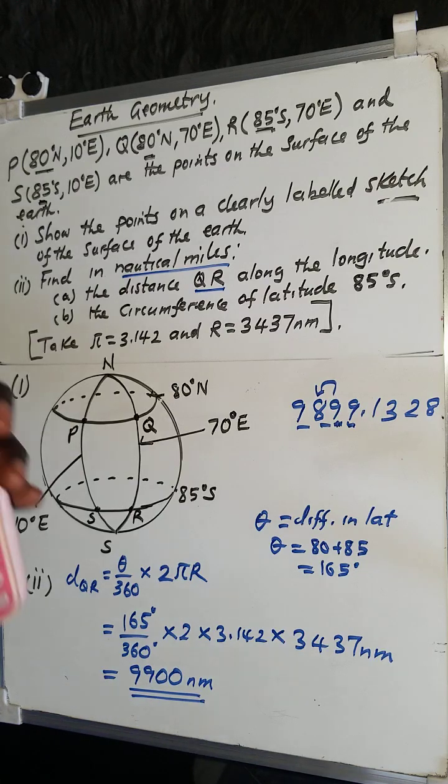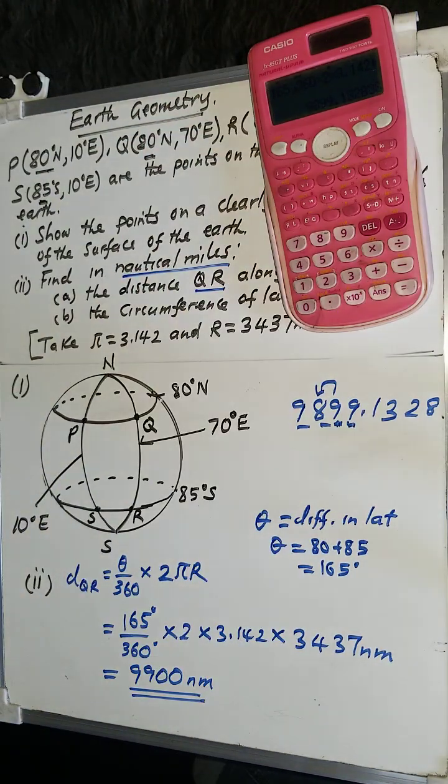nautical miles. Now remember, I told you that when you're calculating distance in nautical miles, as long as it is distance in nautical miles, if I wanted, I could have said, since that is along the longitude, so the distance QR, you could use also theta multiplied by 60, as long as it is in nautical miles that you're calculating.